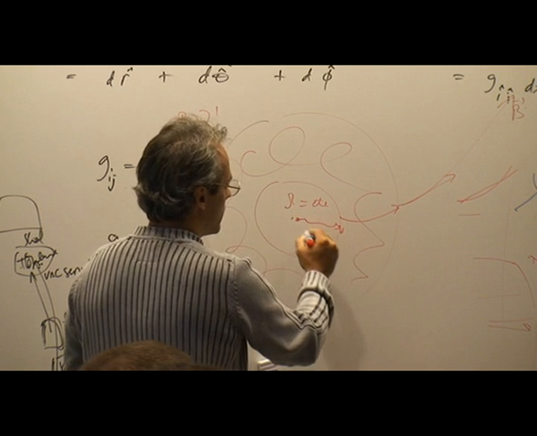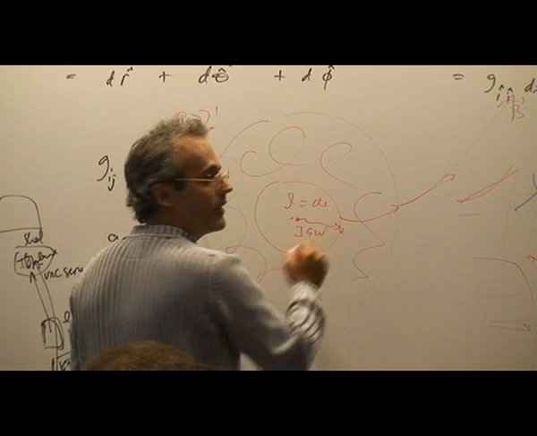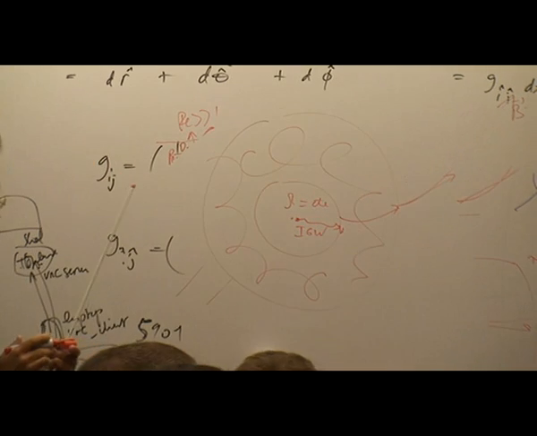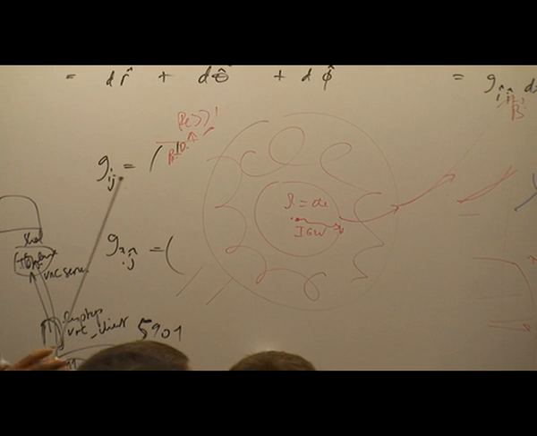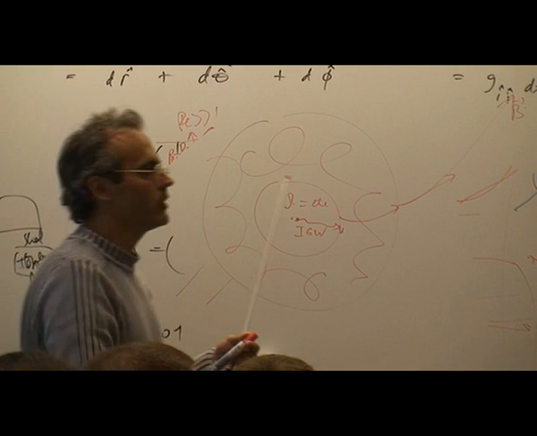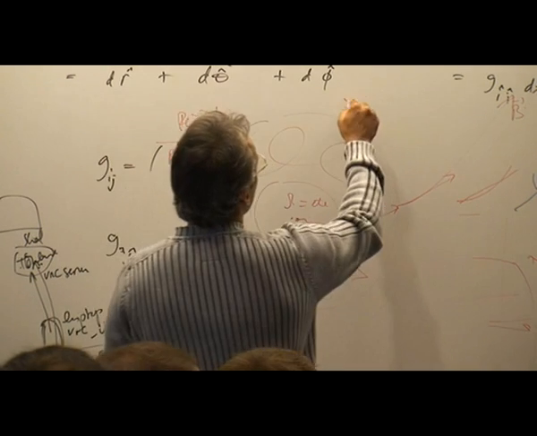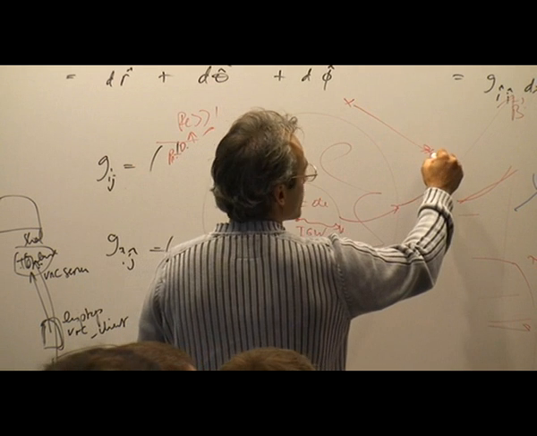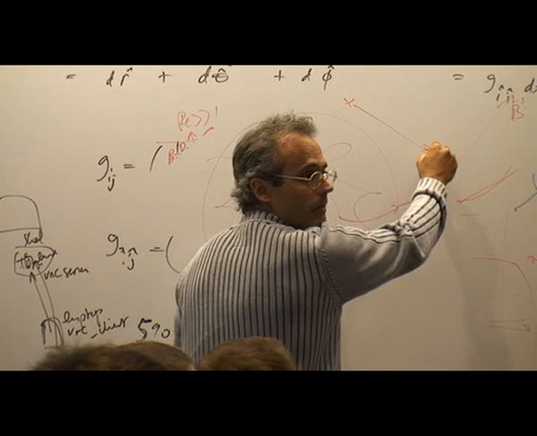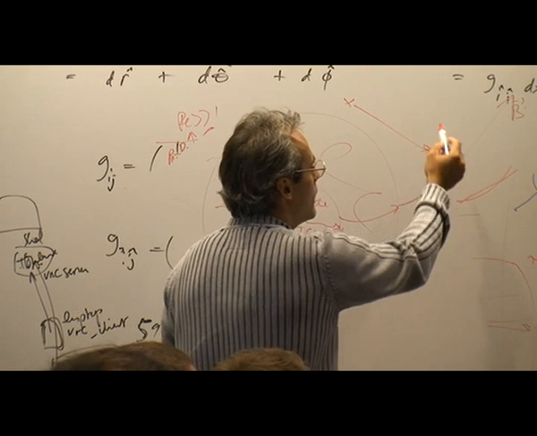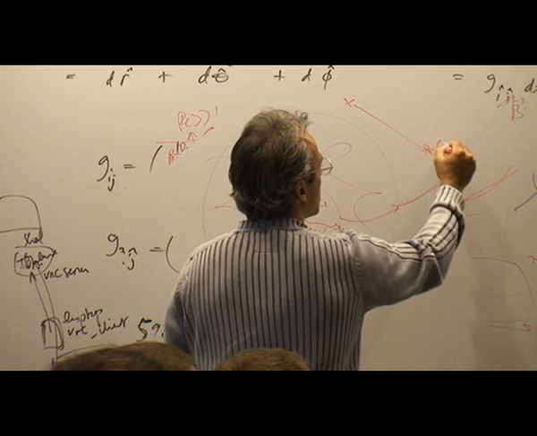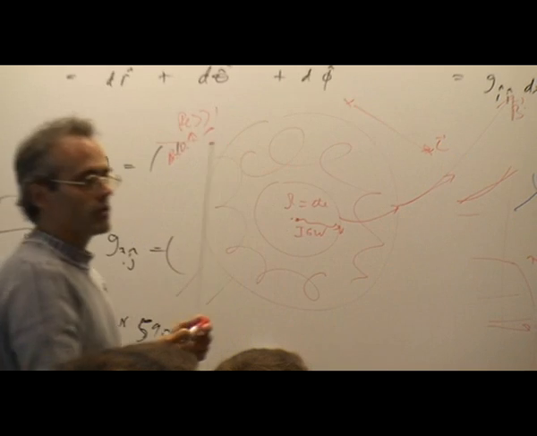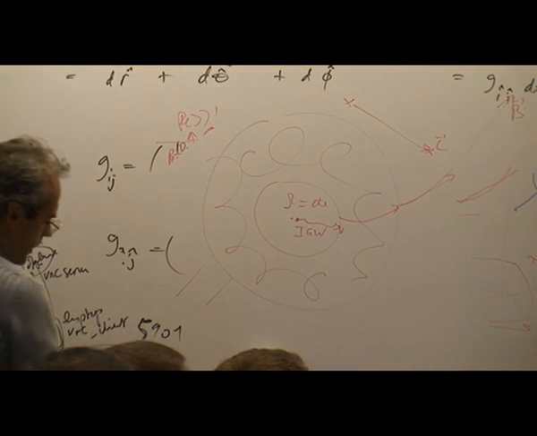But the problem is to transport angular momentum from here to here, to the bottom of the convection zone. One way to do that is internal gravity waves, because waves can transport angular momentum. A wave transports angular momentum from one place to another place where it is dissipated. When the wave is dissipated, the angular momentum is given to the medium.